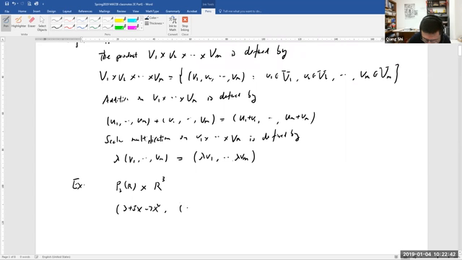And then the second one, sometimes we write as a row, sometimes as a column, it does not matter, maybe something like 1, 2, negative 4. So this will be an element belonging to this new set, at least right now.